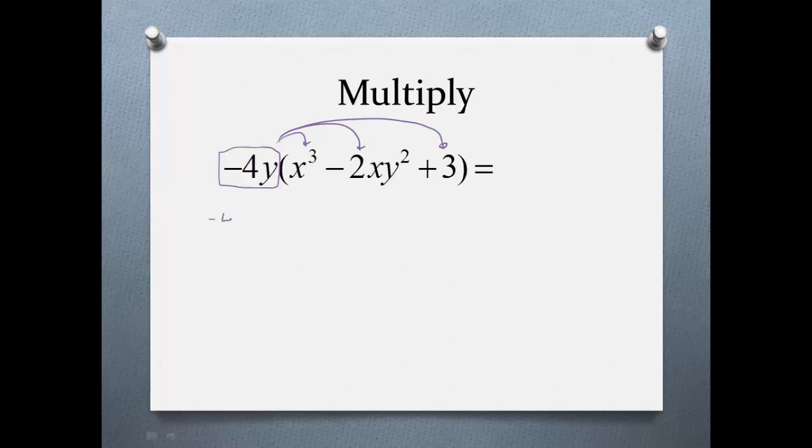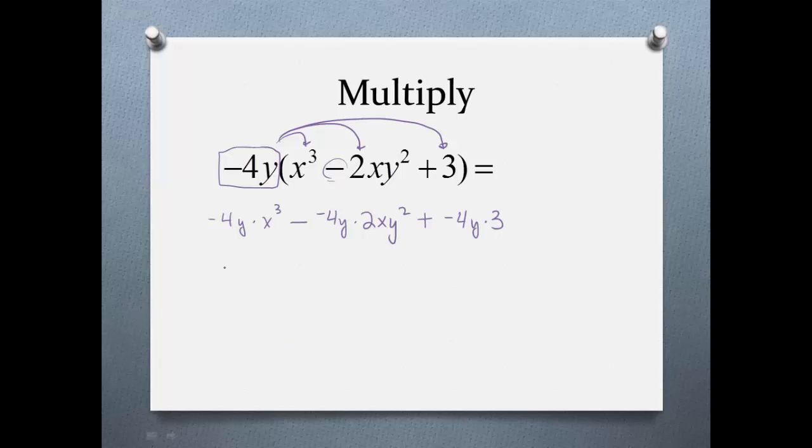So in the first one, I'll have negative 4y times x cubed. Then I'll have the minus from this operation right here. And then I'll also have a negative 4y times 2xy squared. And the last term will be plus negative 4y times 3.